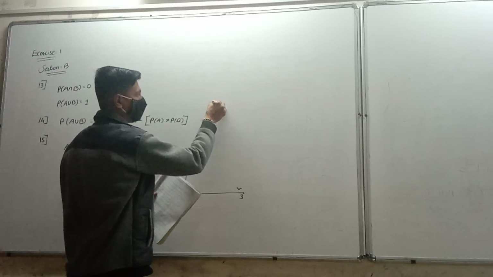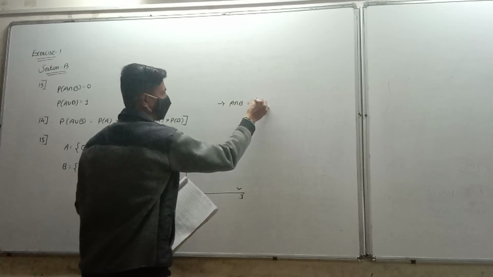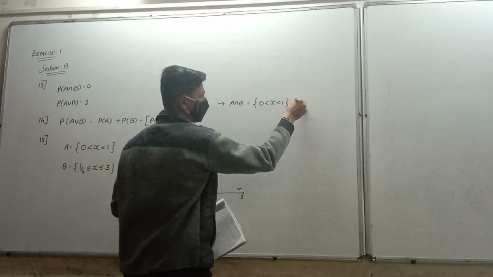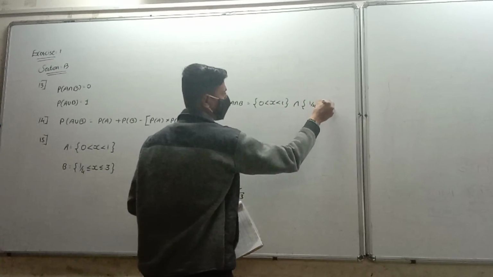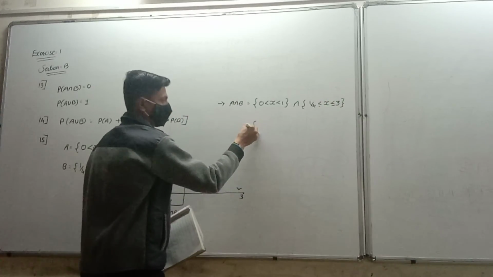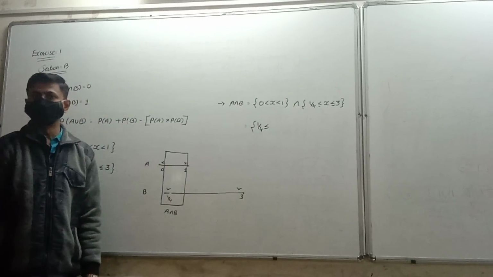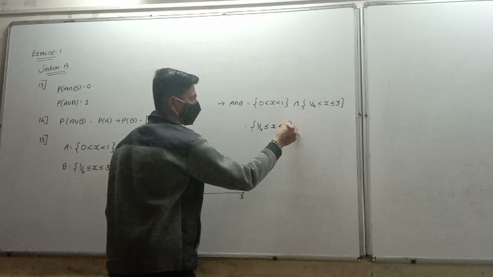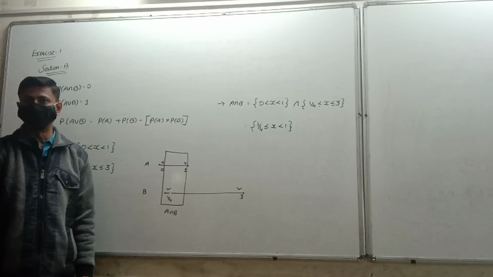P of A intersection B is equal to in curly bracket 0 less than x less than 1 intersection 1/4 less than or equal to x less than or equal to 3. Answer: 1/4 is including in both the events, so less than or equal to x. But 1 is not including for event A, only for less than 1.